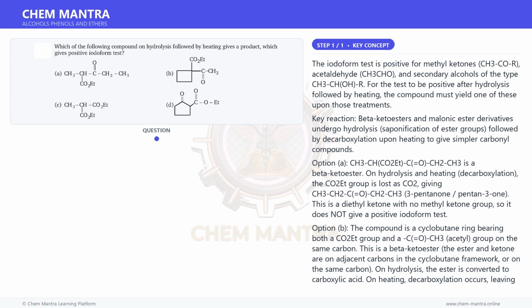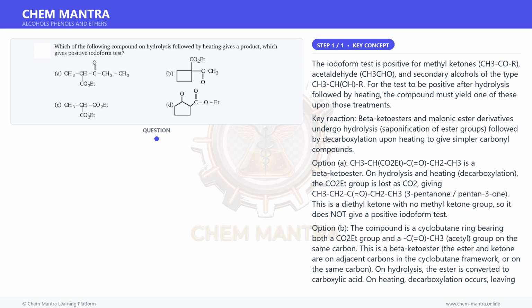On heating, decarboxylation occurs, leaving a cyclobutyl methyl ketone, a cyclobutane ring with a C=O, CH3 group. This product is a methyl ketone, CH3-CO group, which gives a positive iodoform test.